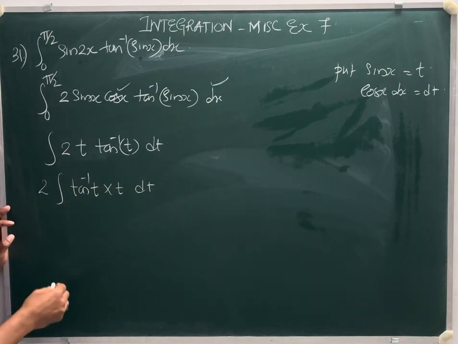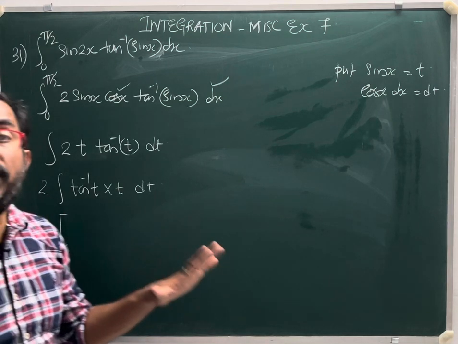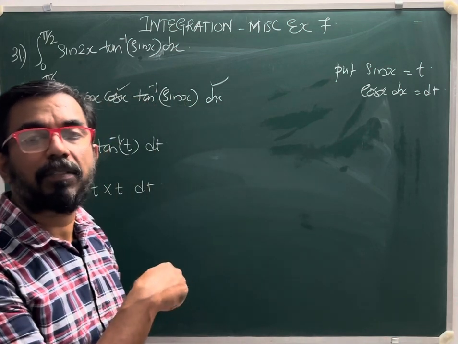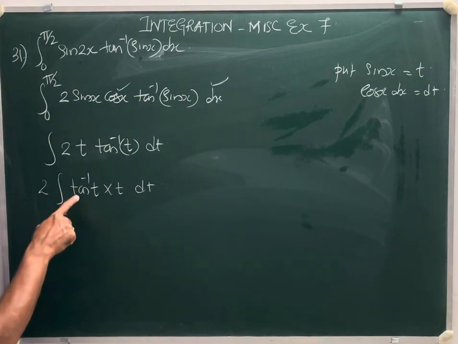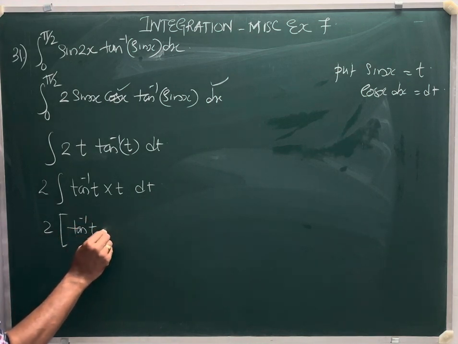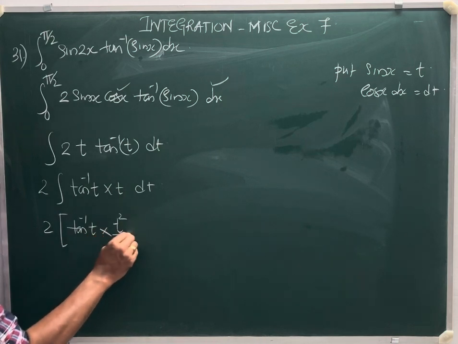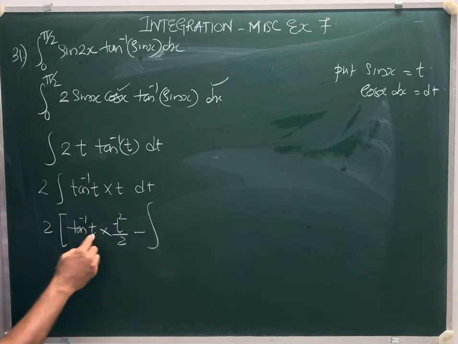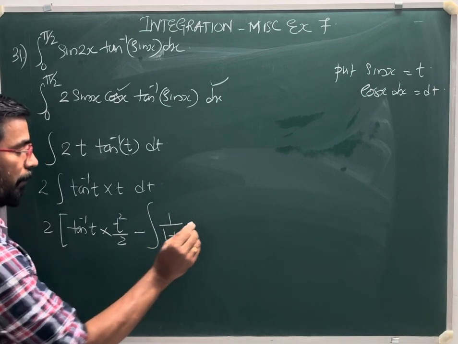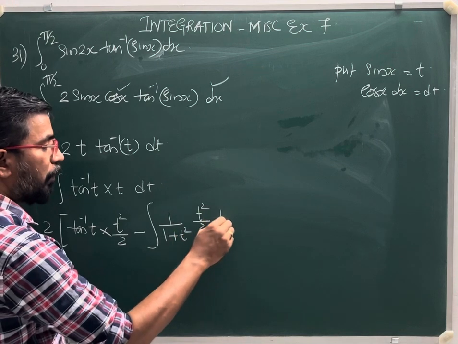Now let us start. So 2 into, what is integration by parts? First function into integral of second function minus integral of derivative of first function into integral of second function. So first function as it is, into integration of second, t, whose integration is t square by 2, minus integral of the derivative of tan inverse t, which is 1 by 1 plus t square, again into the integration of the second function, t square by 2, dt.